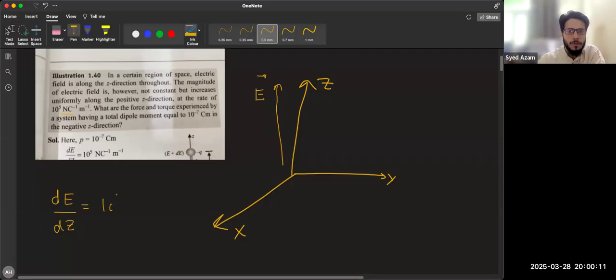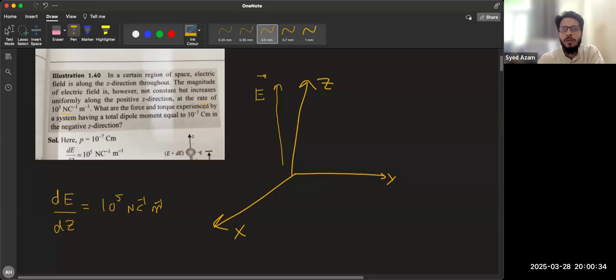Non-uniform. This is the rate of change of field with distance. Now the term rate here is misleading, because rate usually means change with respect to time. Here field is not changing with time, it's changing with position. As you go along z-axis, the field will increase. After every 1 meter, the field will increase by 10 to the power 5.